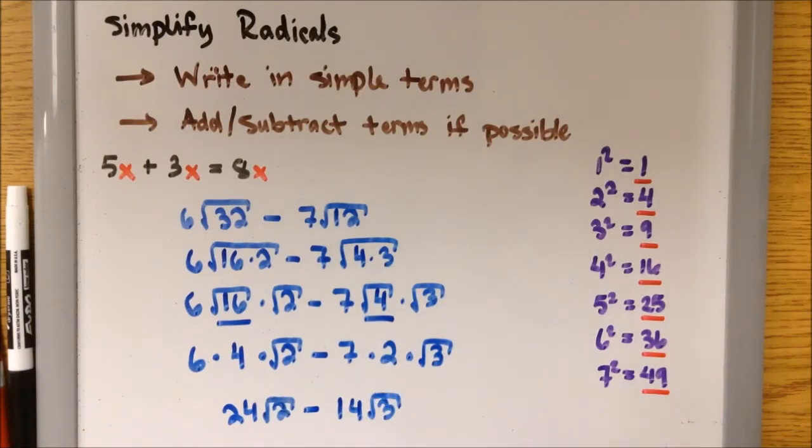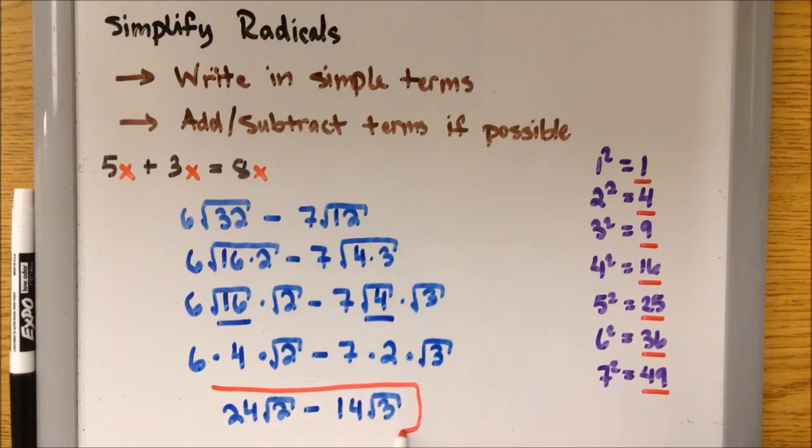Alright, let's check if we can combine these like terms. The 24 has square root of 2 and the 14 has the square root of 3. They're not the same, so I can't combine them since they're not like terms. So what we can only do is just leave it like that. This is our final answer.